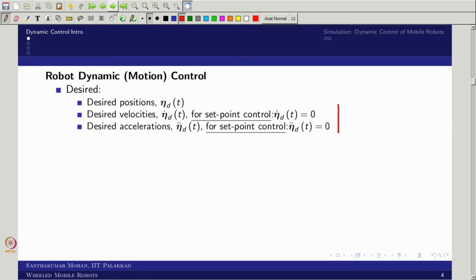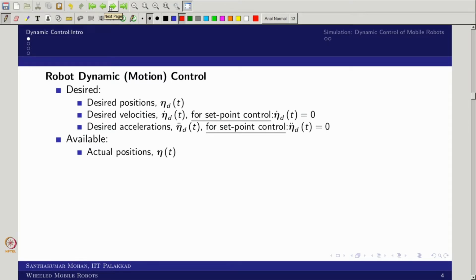Then what would be available, compared to kinematic control? There we assumed only positions are available, but now it is a second order system, so we assume that both position and velocity are available, that is, actual positions and actual velocities. Further, we are trying to map between the body frame and the inertial frame, so we assume that the Jacobian matrix is clearly known to us.